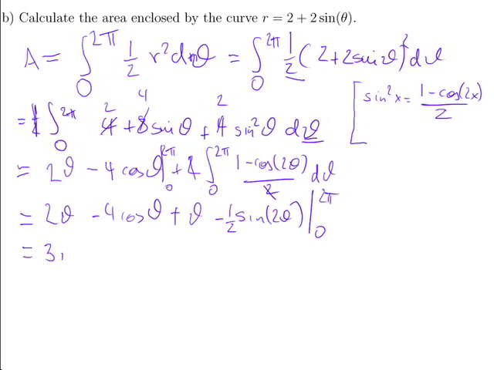This is 3θ minus 4 cos θ minus 1/2 sin 2θ in the limits of 0 to 2 pi.